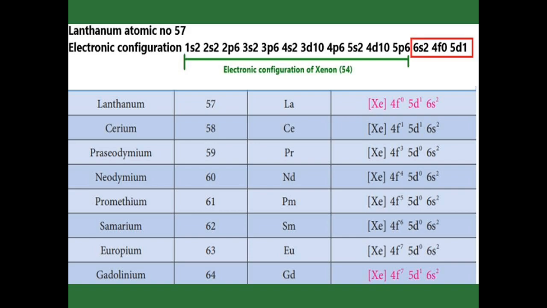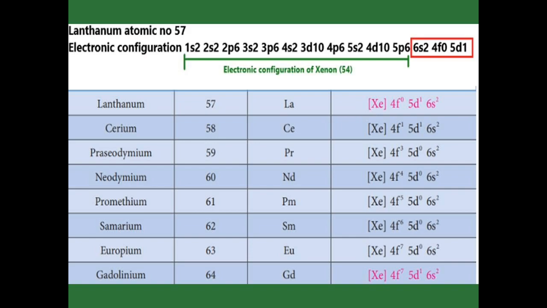Then in gadolinium, the atomic number is 64. Up to 54 is the xenon configuration. The remaining electrons are 10. The 10 electrons fill into 6s2, 4f7, and then 5d1. Here in gadolinium, to attain stability, one of the electrons does not fill into the 4f orbital.